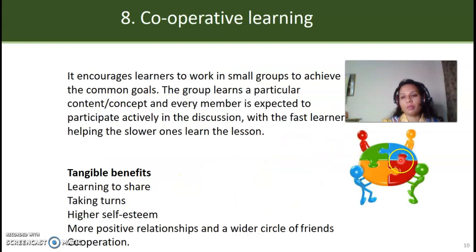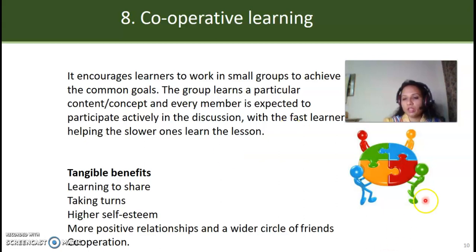Now last but not least, cooperative learning. You can easily infer from the name that there might be some cooperation going on. Actually, the students work in small groups to achieve some common goals.